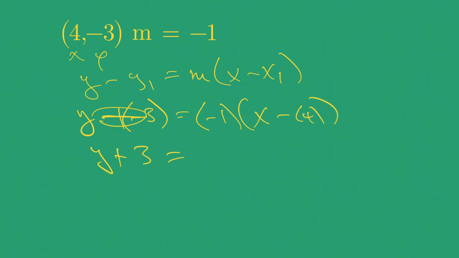equals, let's distribute the -1. What's -1 times x? -1x. And what's -1 times -4? +4. Negative times a negative, right? -1 times -4, negative times a negative is a positive. We've got a +4 right there.